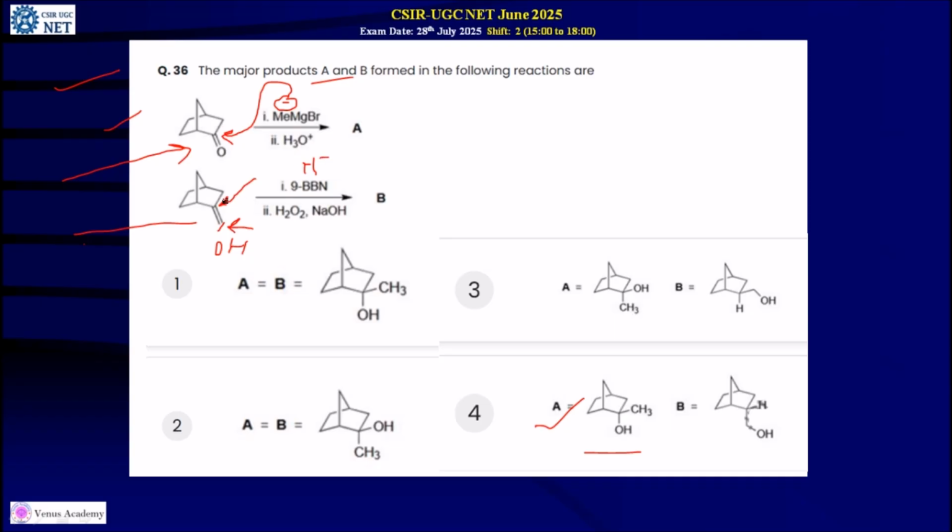So this hydrogen is going to be added from this side, and OH is going to be here. So option 4 is correct option, friends.